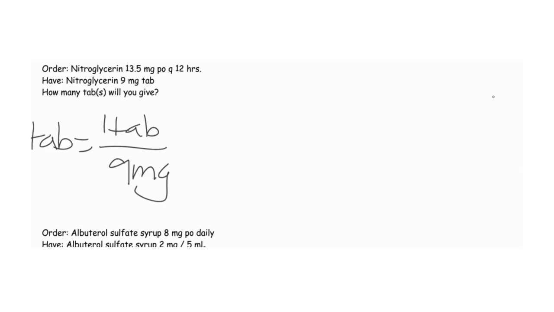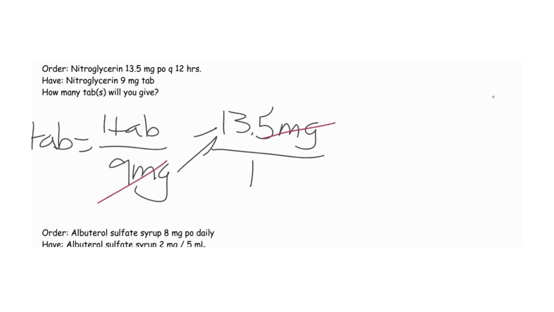Milligram is going in the denominator, which is going to lead us to the numerator, and we're going to get that from the problem, from our order, which is 13.5 milligram over 1. We don't need to go any further because we have milligram canceled out, which leaves us with tab.